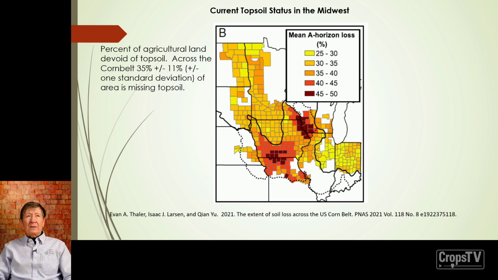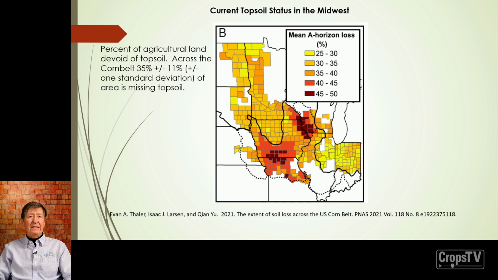So how much of the area that we farm is actually suffering from reduced topsoil depth? Okay, this is from a study that was published in the spring of 2021. And it asked the question, what percent of the land area in the Corn Belt is devoid of topsoil?